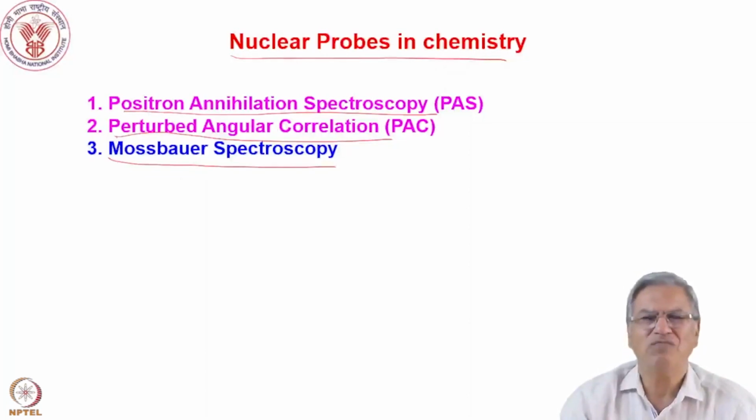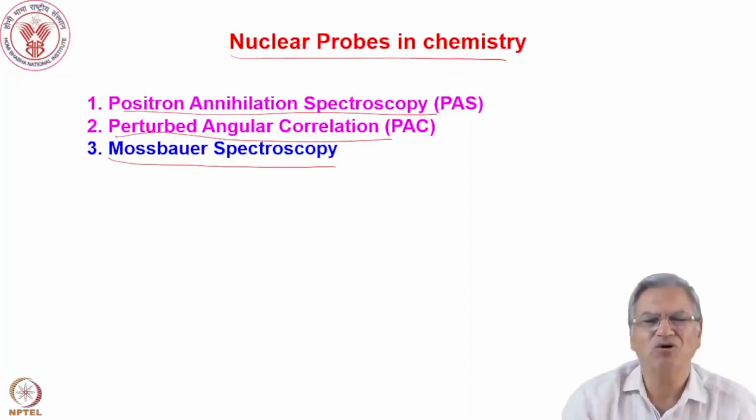To take care of the recoil and the Doppler broadening, the sample is kept in a crystalline state and at low temperature, and the source is moved towards the sample at different velocities to take care of the Doppler effect.